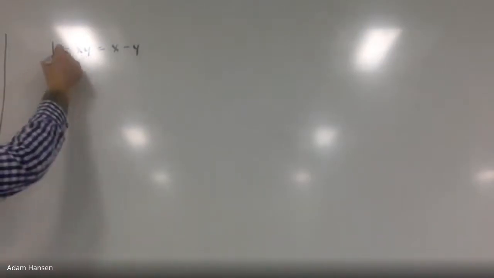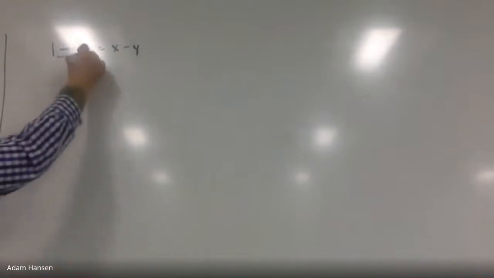Product rule. Let's think of this negative x as being the first part of that product, and y being the second part. Product rule is first times the derivative of the second plus the second times the derivative of the first.